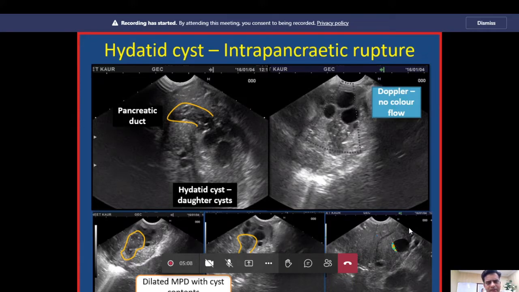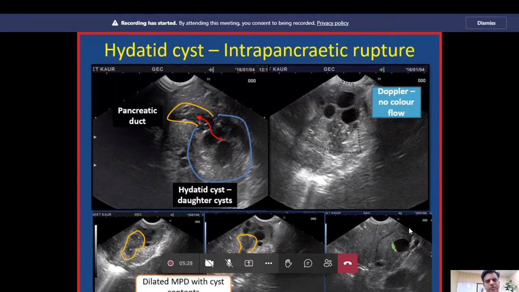This is a dilated main pancreatic duct with debris. This is the cyst wall containing multiple hypoechoic cystic lesions. And this is a communication.